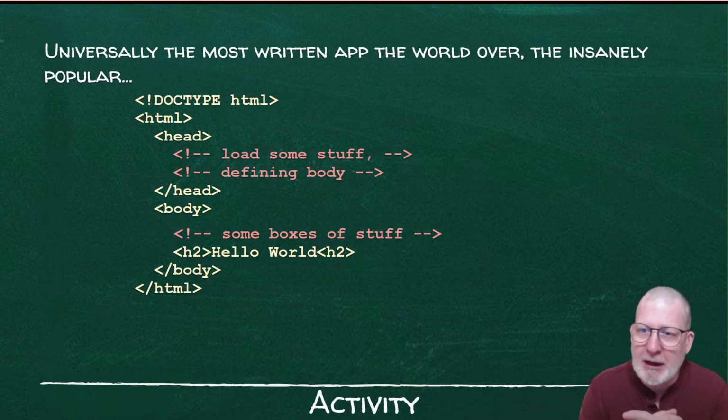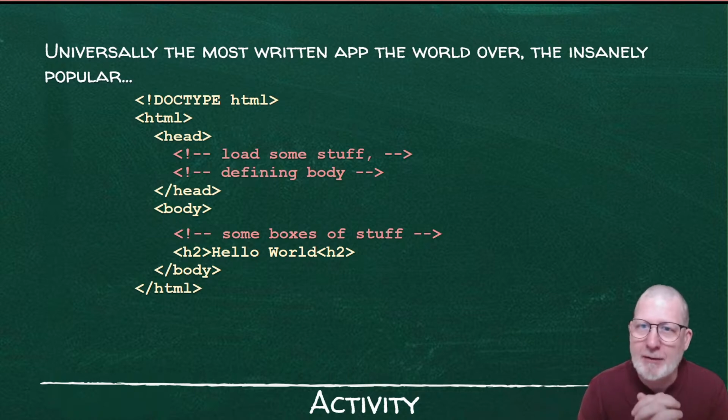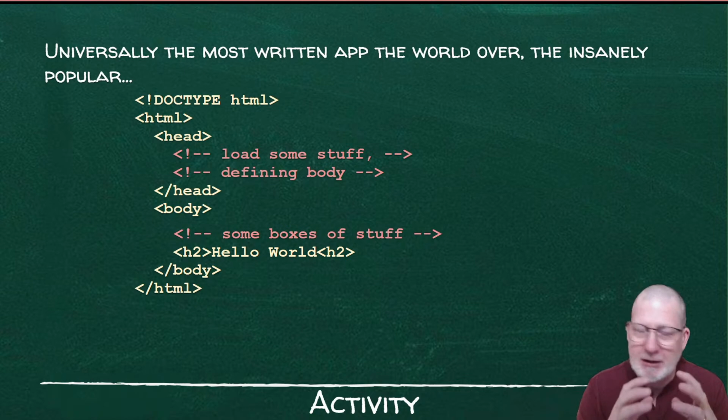Now, has anybody ever used something like Front Page or Adobe XD to build a web page before? And if you have, have you ever opened it up to see what it looks like? Next time you do, or you're on a school computer and you open up Adobe XD, generate a page that just has Hello World on it.